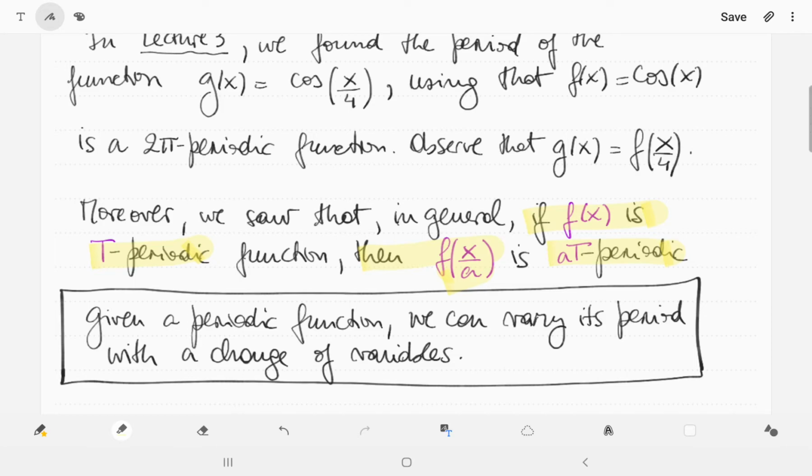So the idea of this example is that given a periodic function, we can vary its period with a change of variables. And that will be the key when we have two very similar functions and we already know the Fourier series representation of one of them.